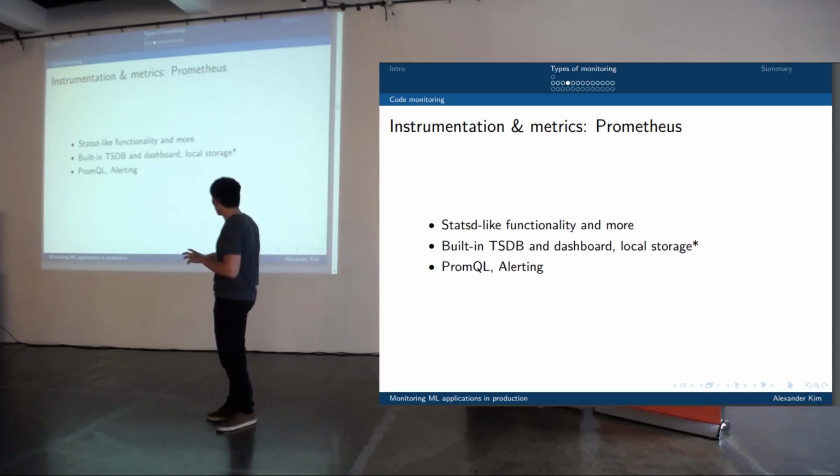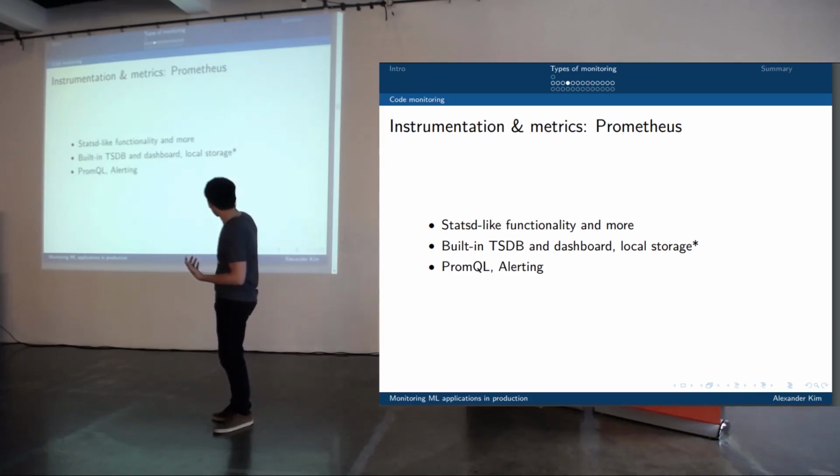It also has its own query language called PromQL. Don't be confused, it's not based on the SQL language, so it's very different. The authors claim that it's optimized to query time series data, and it has some basic alerting functionality.